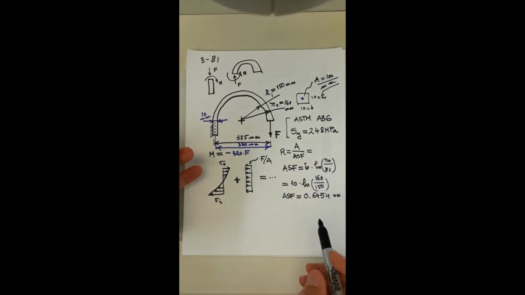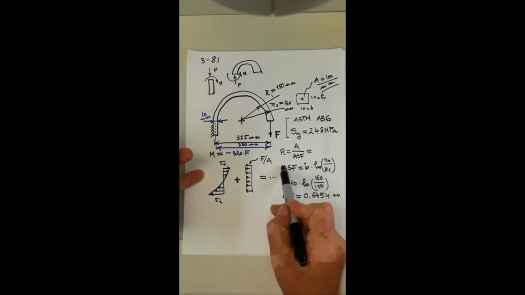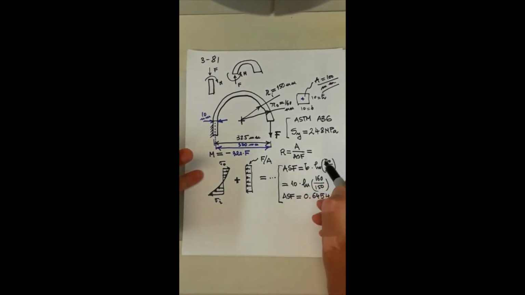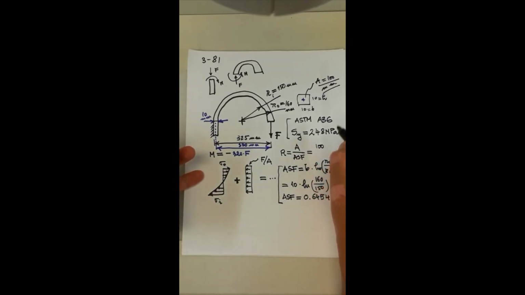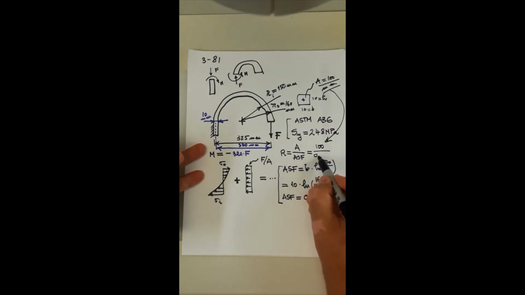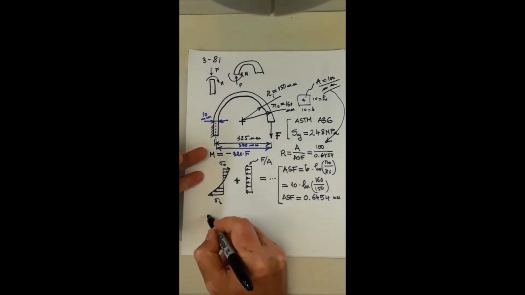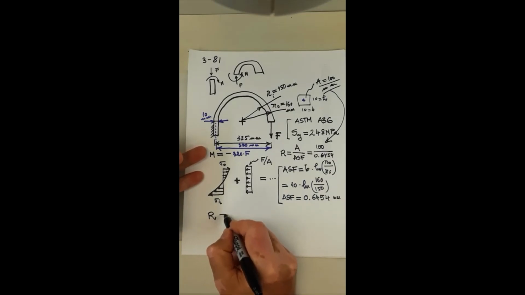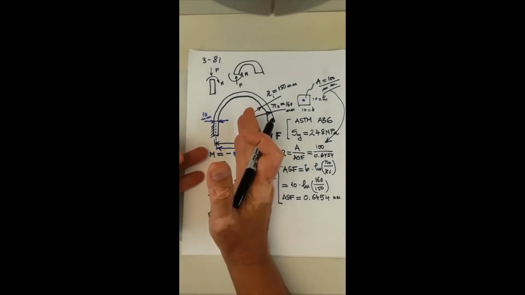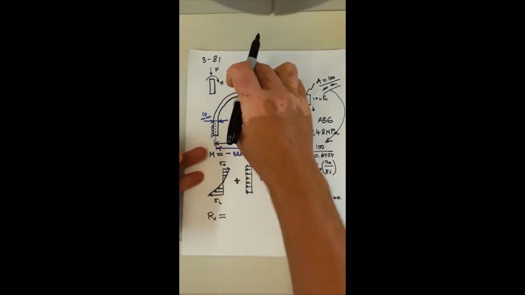So from here, with the known area shape factor, I can find R as 100 from above over 0.6454.